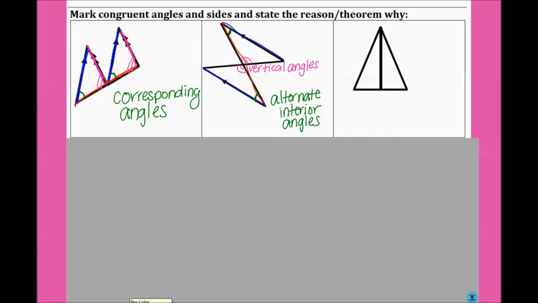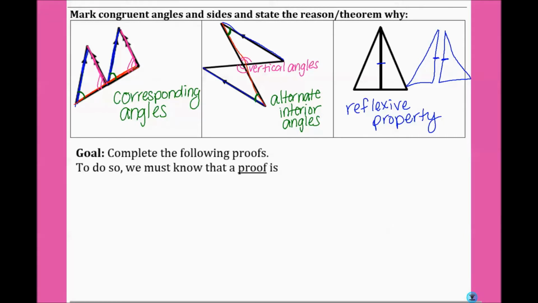And in our third picture, technically we have two triangles that look like this, but they've been stuck together. They share this side, which means this side is congruent. They're the same, because of our reflexive property. So along with the new theorems that we've learned to prove that triangles are congruent, we're going to have to use some of the information we've learned in previous units to help us.